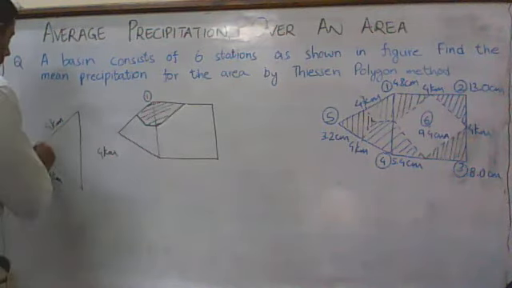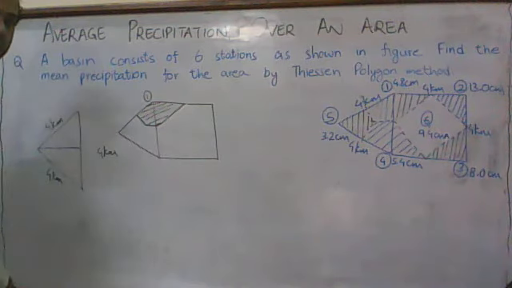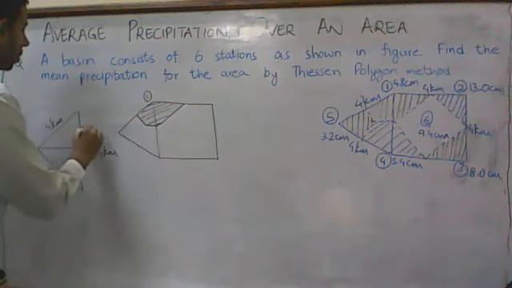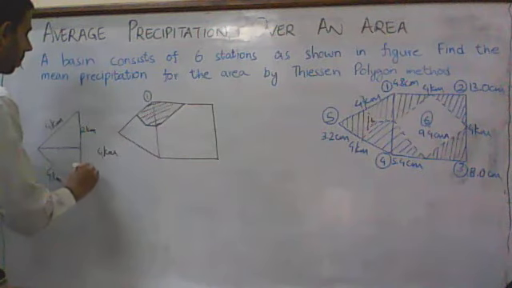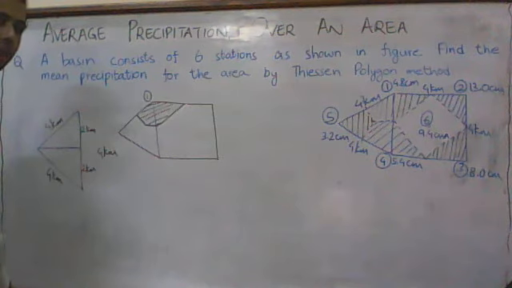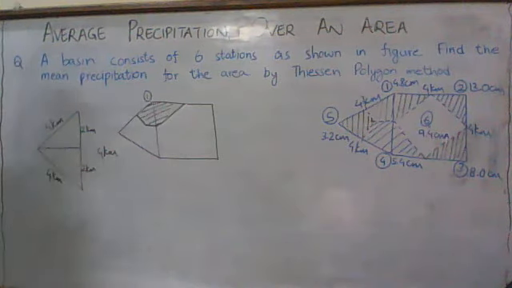Now if we drop a perpendicular like this to this side, it will be divided into two equal parts of length 2 kilometer and 2 kilometer. Can we not find the height of this line or the length of this line?